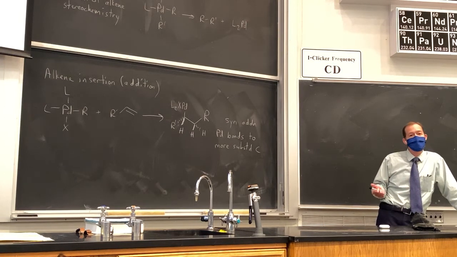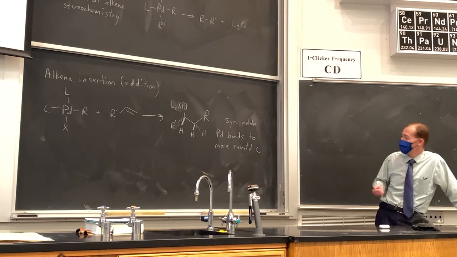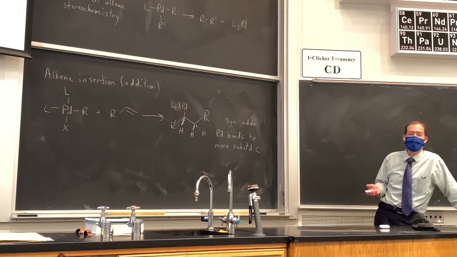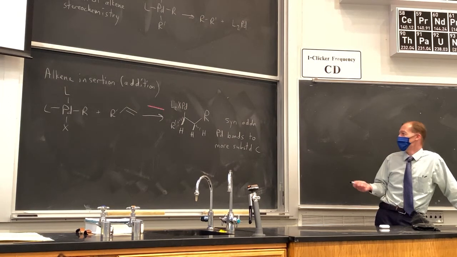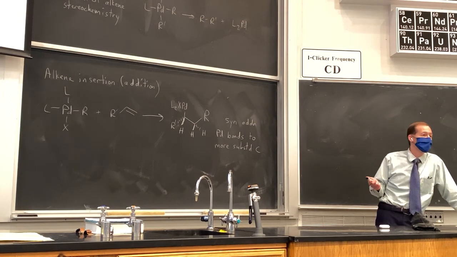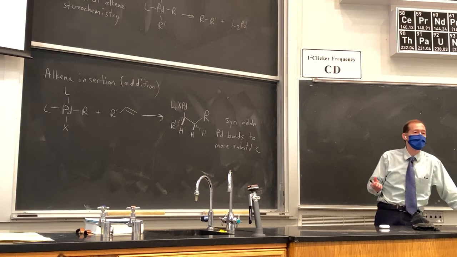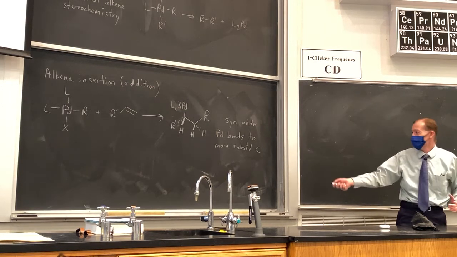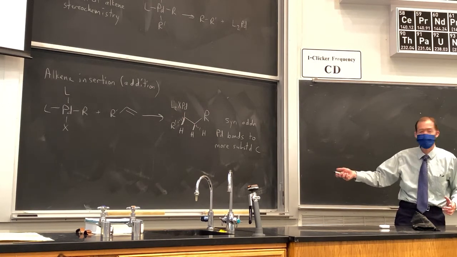So the full explanation why is a little bit beyond the scope of what we're going to do in this class, but the simple explanation for why this happens is that this palladium-carbon bond is much, much longer than this carbon-carbon bond is. So even though this palladium is huge, it's much further away from this carbon than this R group is from that carbon.